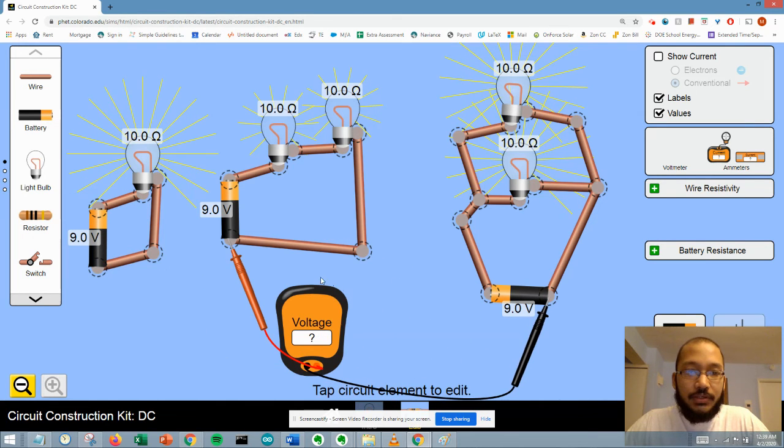So voltage here, 9 volts, cool. Small drop, small drop, small drop, small drop. 8.9, and almost a 9-volt drop across this one light bulb. That's interesting. And then down back to 0.